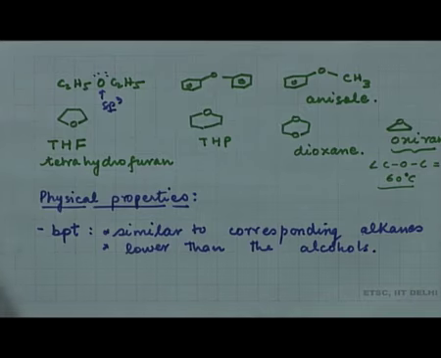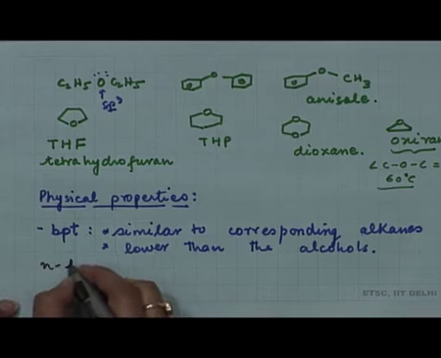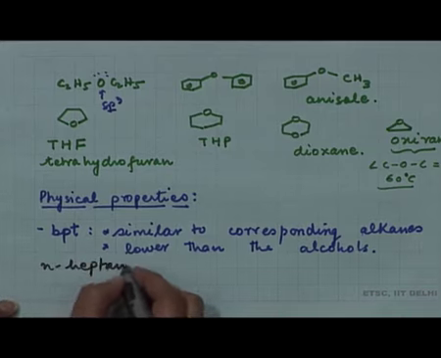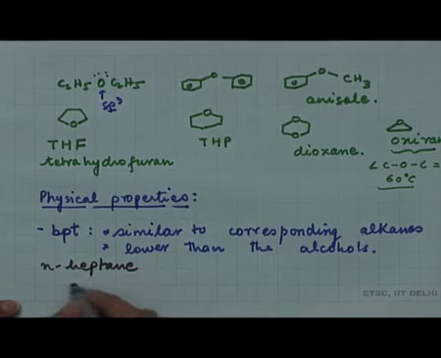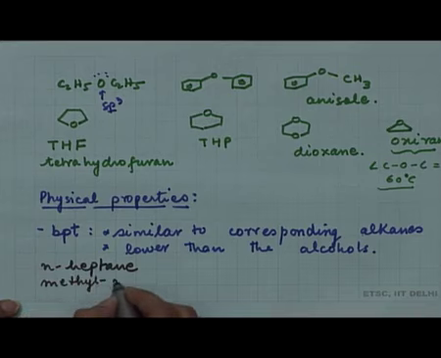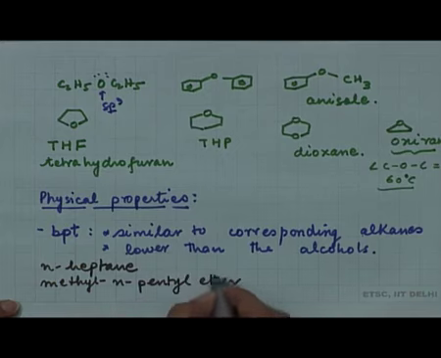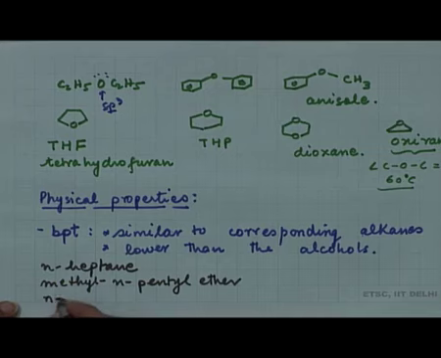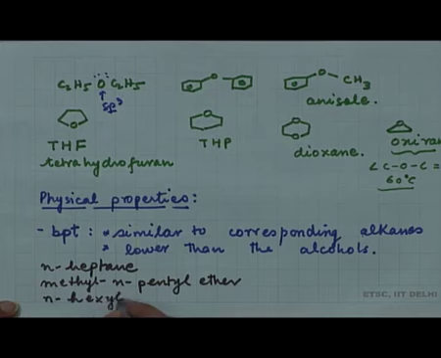So, if I just make a direct comparison between N-heptane, which is an aliphatic hydrocarbon, and its ether analog, which is again a 7-membered, a methyl N-pentyl ether, and you compare the corresponding alcohol functionality, a similar N-hexyl alcohol.